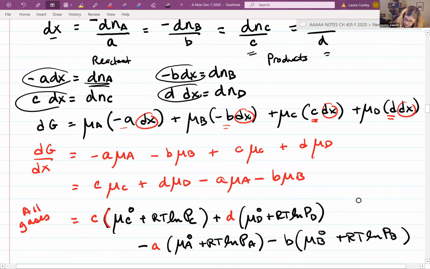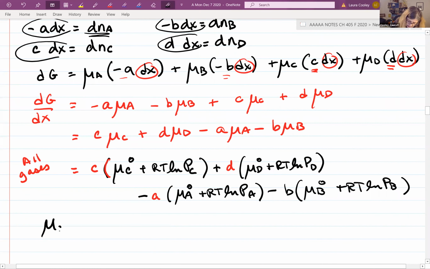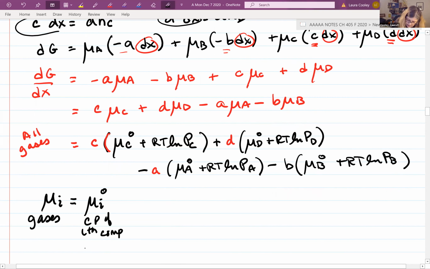So what I've used here is that for gases, the chemical potential of the ith component is the chemical potential of the ith component in its pure form at 1 bar pressure, plus RT times the log of that partial pressure.